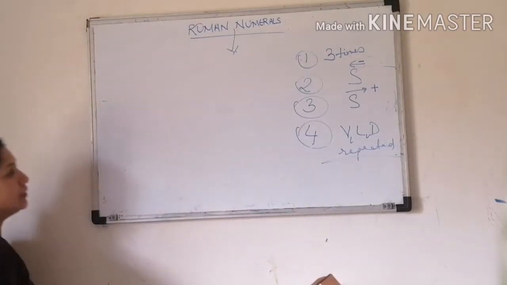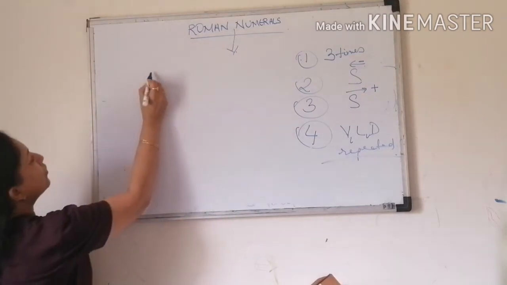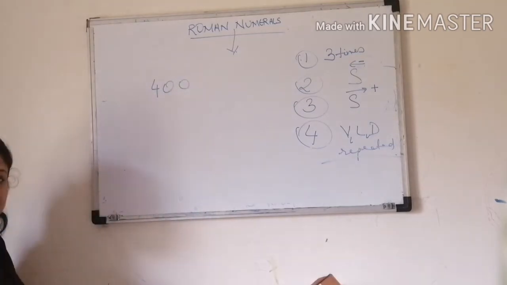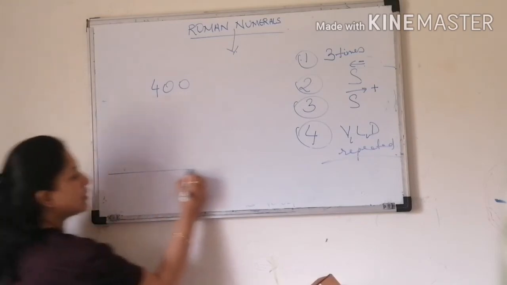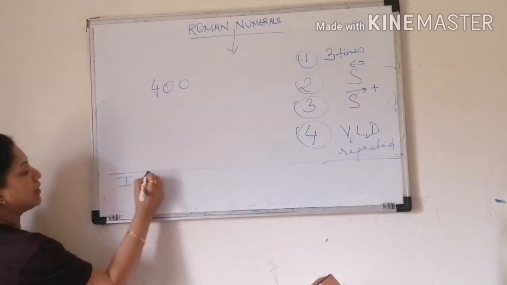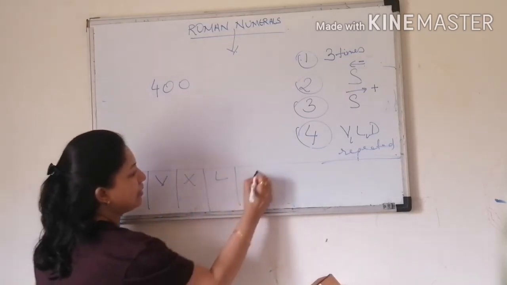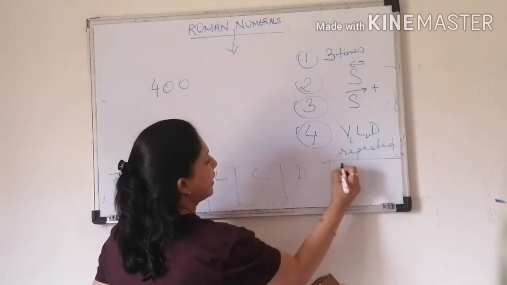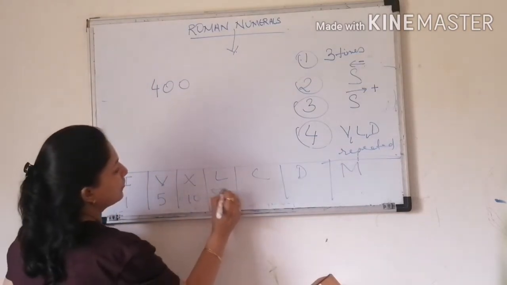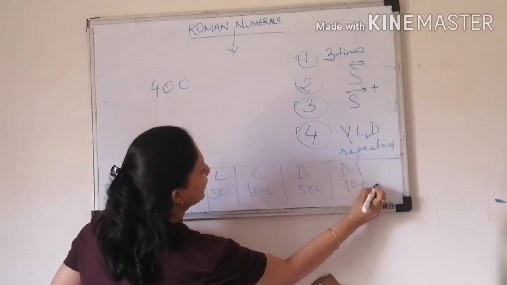Now let us start. We'll learn to write the numbers as per the rule. Suppose I want to write 400. What should I do? Remember, like the place value chart, every time we will write 1, 5, 10, then L, C, D, M. The values are 1, 5, 10, 50, 100, 500 and 1000.